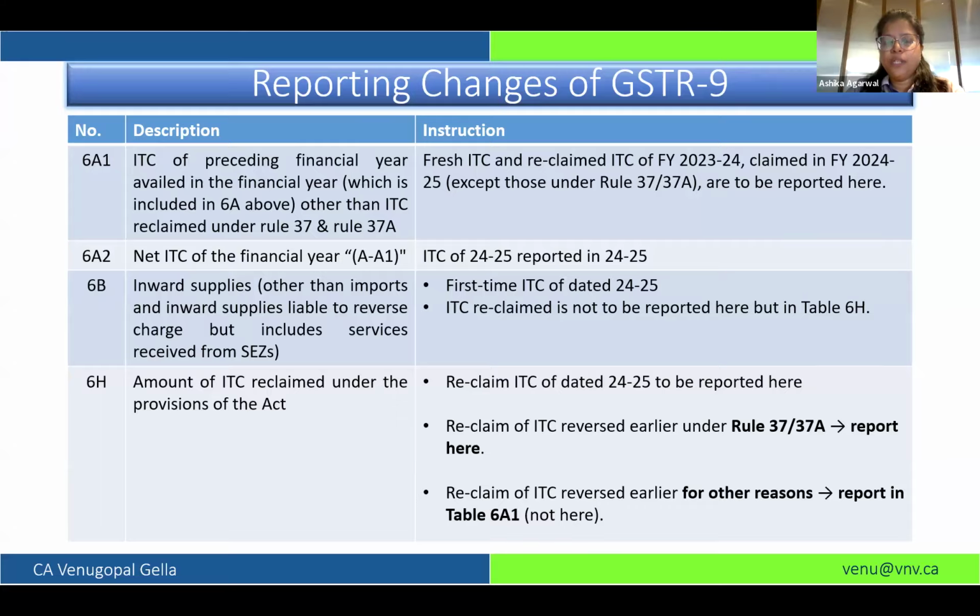In 6A1, they want us to report ITC of 23-24 claimed in 24-25. Based on 6A1, when you do the net off, you will only get ITC which belongs to 24-25. Now, as they have inserted 6A1, in 6B they want us to report only the ITC pertaining to 24-25 invoices availed in 24-25 through 3B.